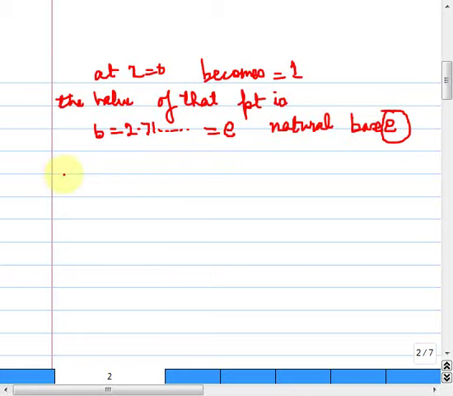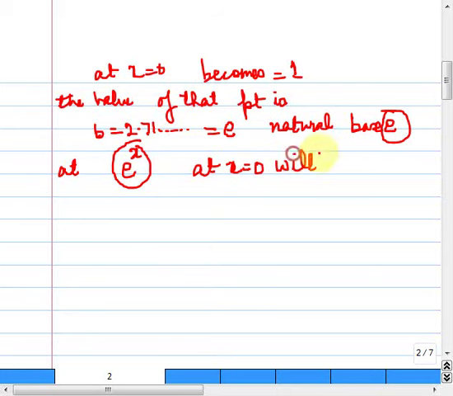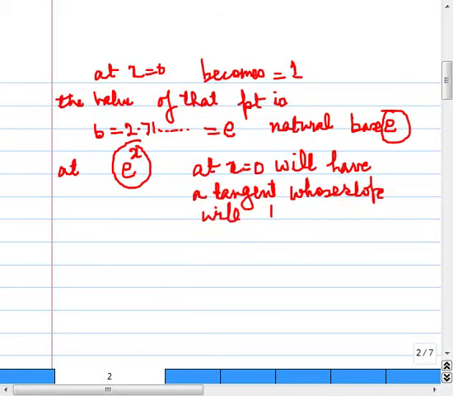That is, the function e to the power x at x equal to 0 will have a tangent whose slope will be equal to 1. It is a naturally occurring irrational number, just like pi.